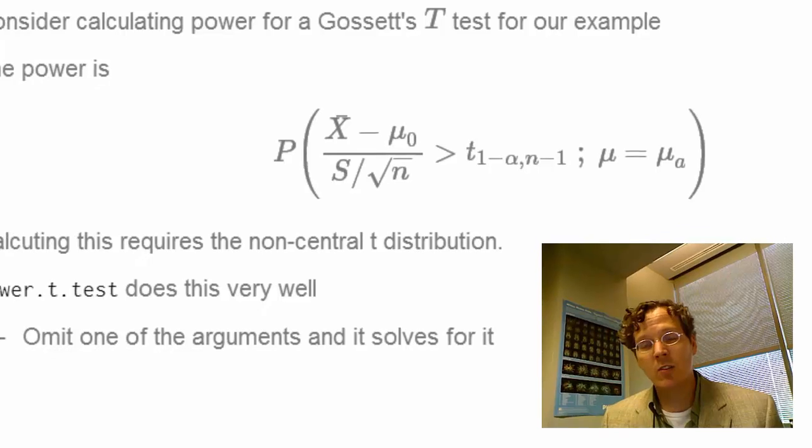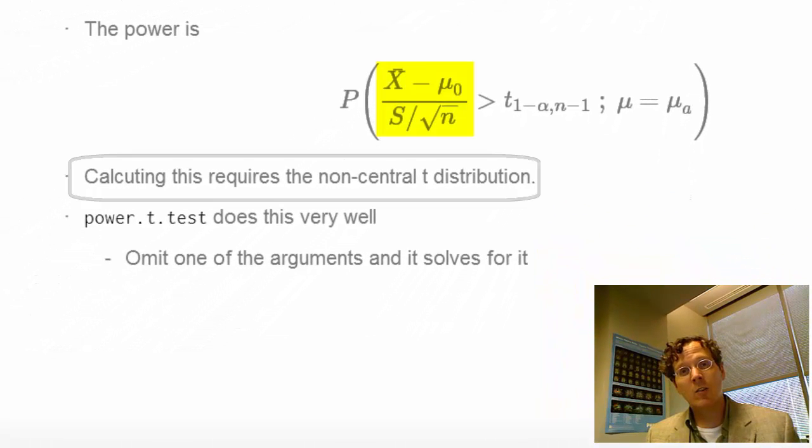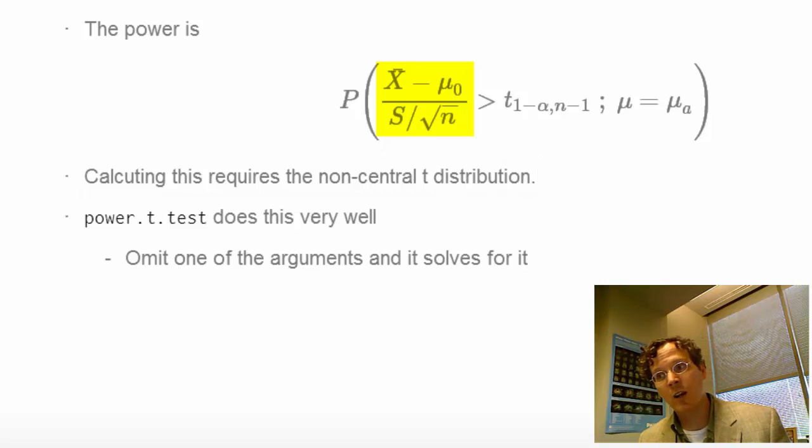It turns out that this statistic, x bar minus mu naught over the standard error, does not follow a t-distribution if the true mean is not mu naught. If it's mu a and mu a is different from mu naught, it doesn't follow a t-distribution. It follows something called the non-central t-distribution, which we're not going to cover.